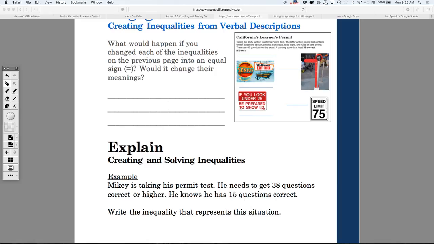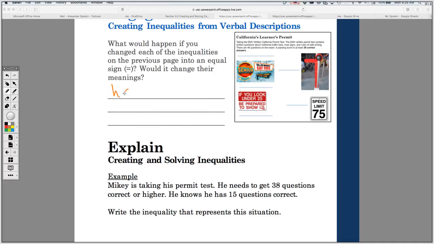Explain what you think would happen if instead of an inequality, we said, here's an example: height is less than or equal to 40, and we actually said height is equal to 40 on this first one here. What would happen if we change each of these to an equal sign?